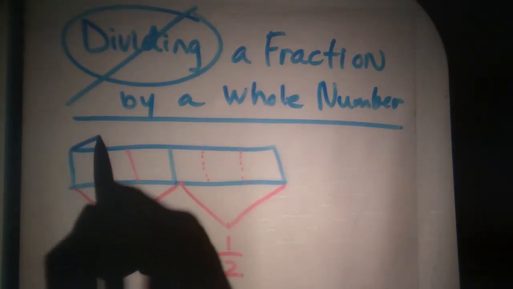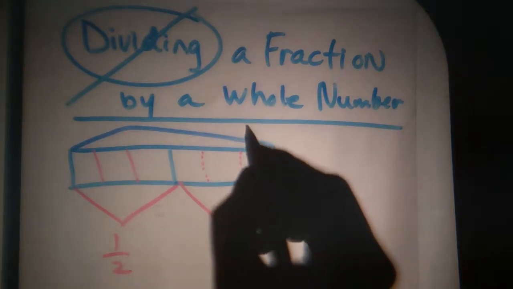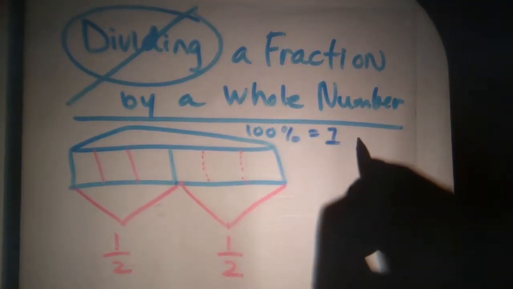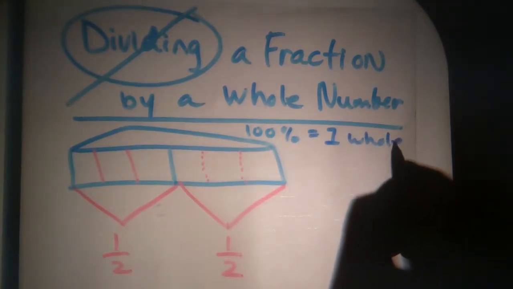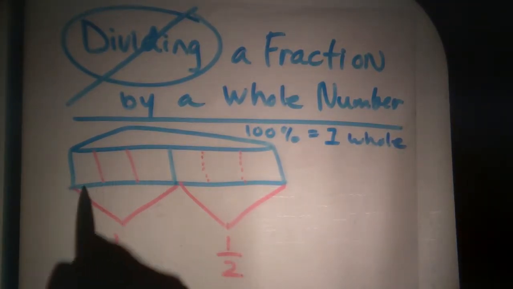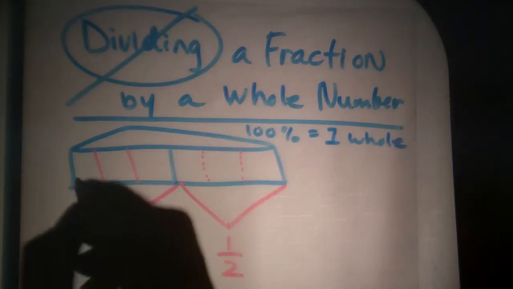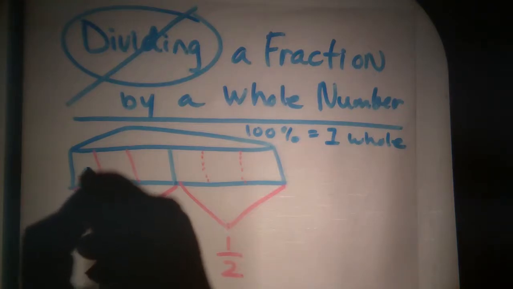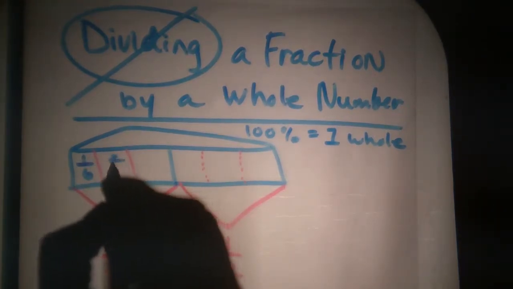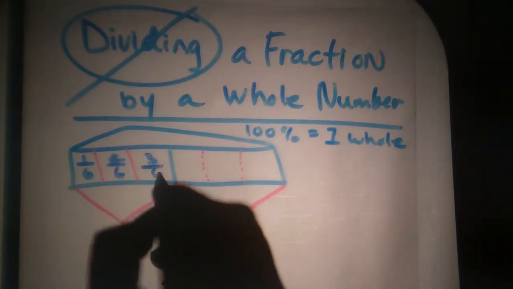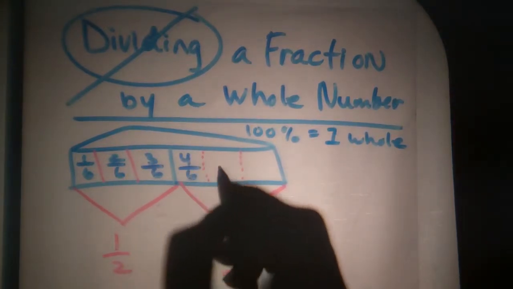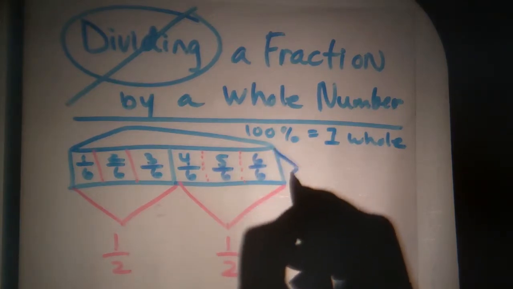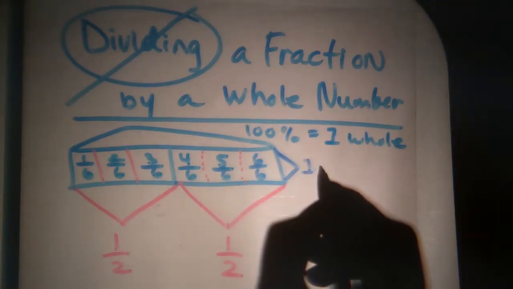This is entire. That's our 100%, or our whole, one whole. Now if we have 6 pieces in our whole, the whole is cut into 6. 1/6, 2/6, 3/6, 4/6, 5/6, 6/6 equals 1 whole.